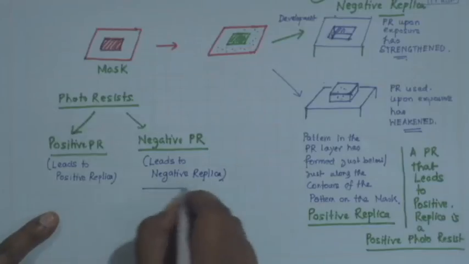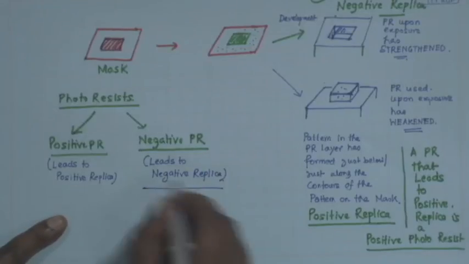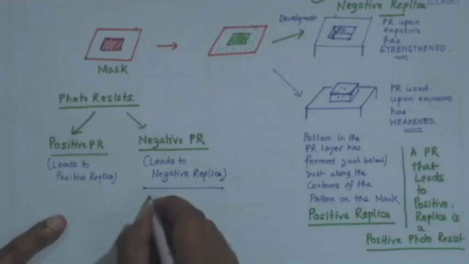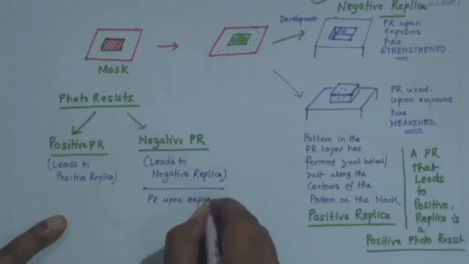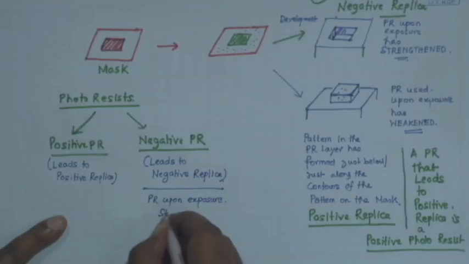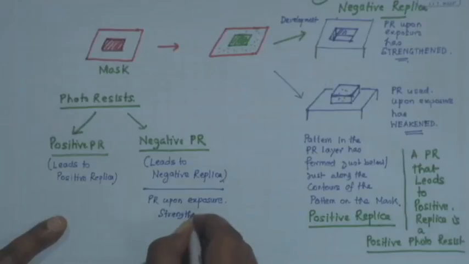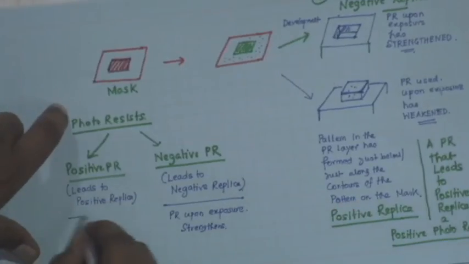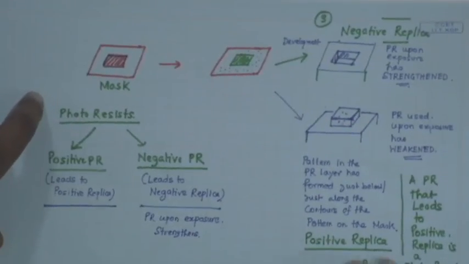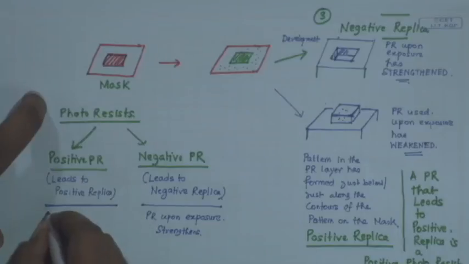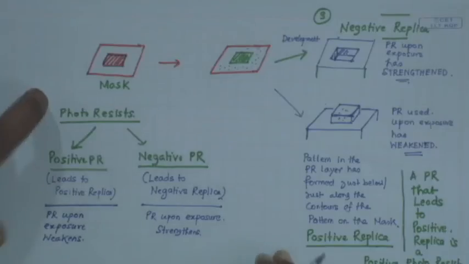And now we understand that this becomes possible, that a negative replica forms if the photoresist upon exposure strengthens, and a positive replica forms, that is very clear from this picture. I hope you are now able to follow that. A positive replica forms if the photoresist weakens.